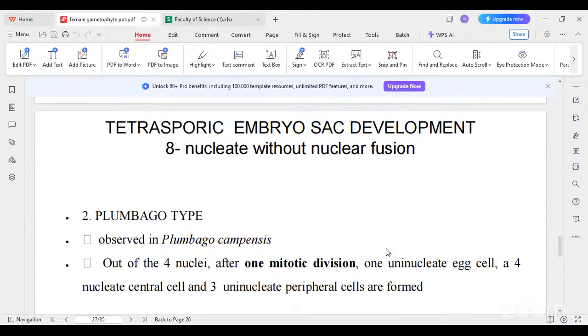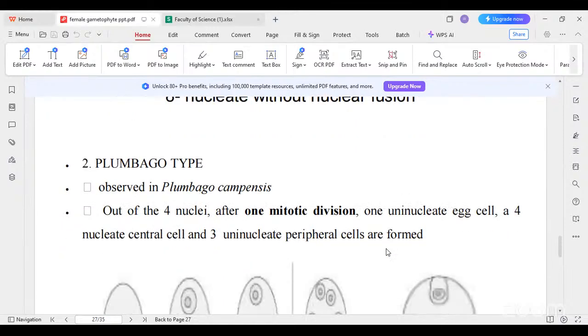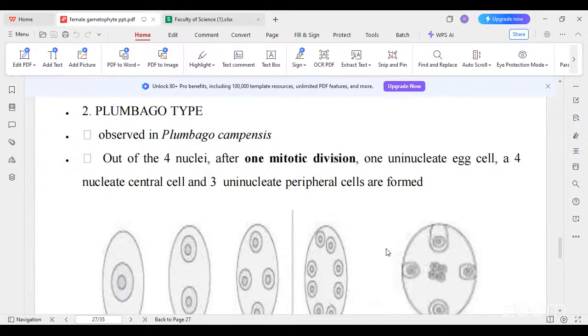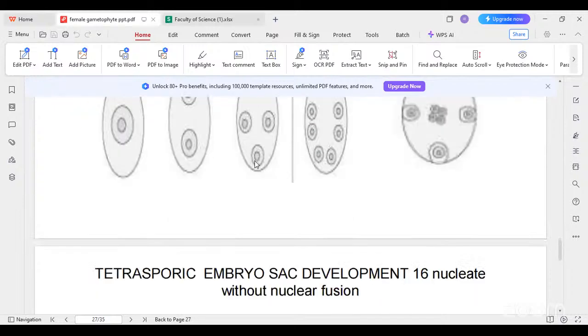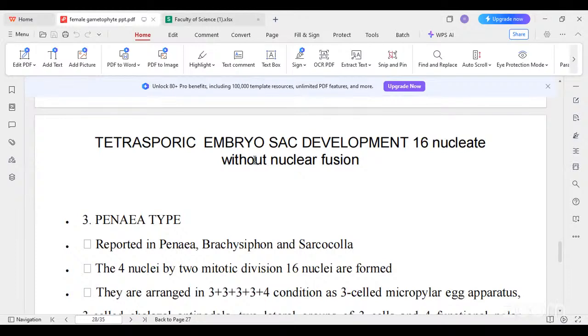This is the tetrasporic embryo sac development, 8-nucleated without nuclear fusion. The second one is called the Plumbago type, observed in Plumbago capensis. Here, four nuclei after one meiotic division form one uninucleate egg cell, a four-nucleate central cell, and three-nucleated peripheral cells are formed.